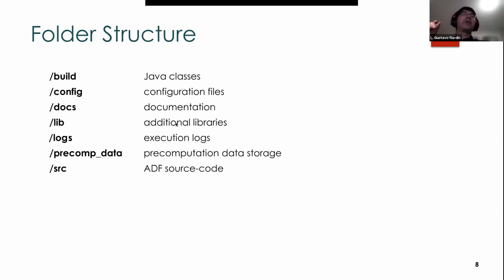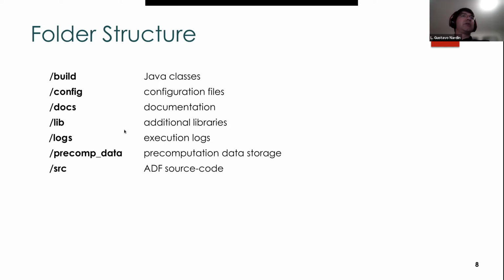Usually in the GitHub repository we don't have the lib folder, because we don't have any additional library other than the ones specified in the Gradle dependency. But if your team uses an additional Java library, it should reside in this subdirectory.